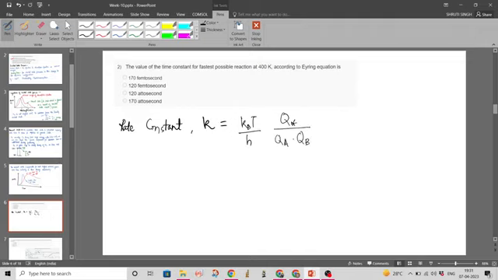We have discussed this in previous sessions also, and this is called the Eyring equation, which is mentioned here.